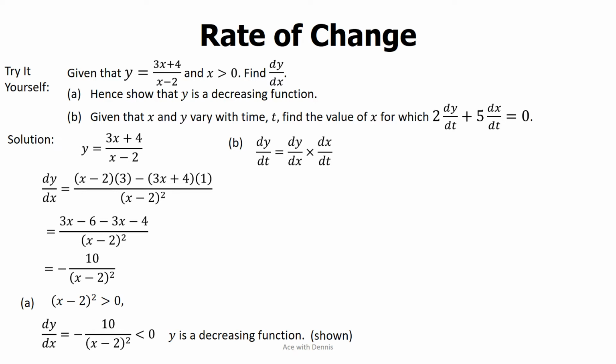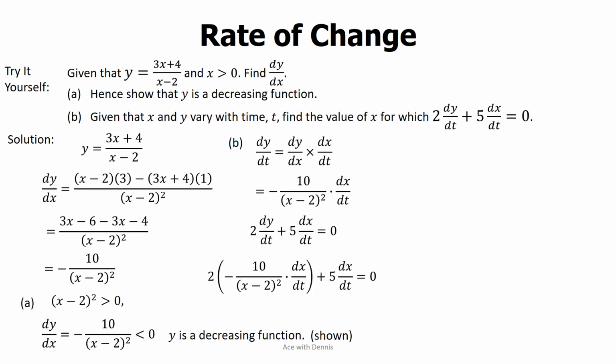Next for (b), we can apply the chain rule: dy over dt equals dy over dx times dx over dt. So substitute dy over dx as negative 10 over (x minus 2) squared times dx over dt. From here, we copy the equation given: 2 times dy over dt plus 5 dx over dt equals 0.